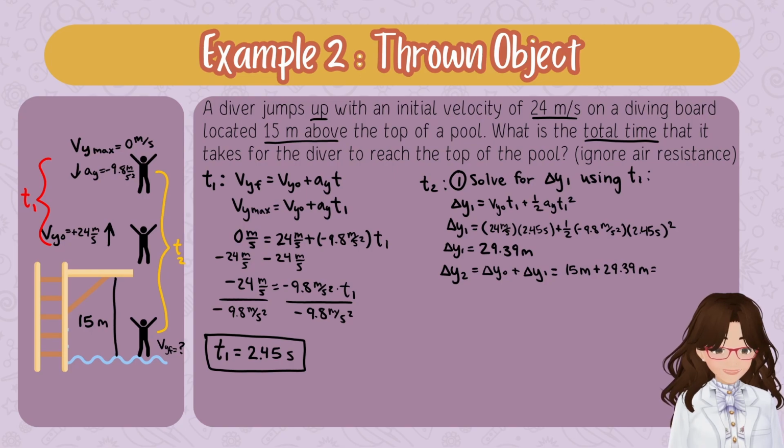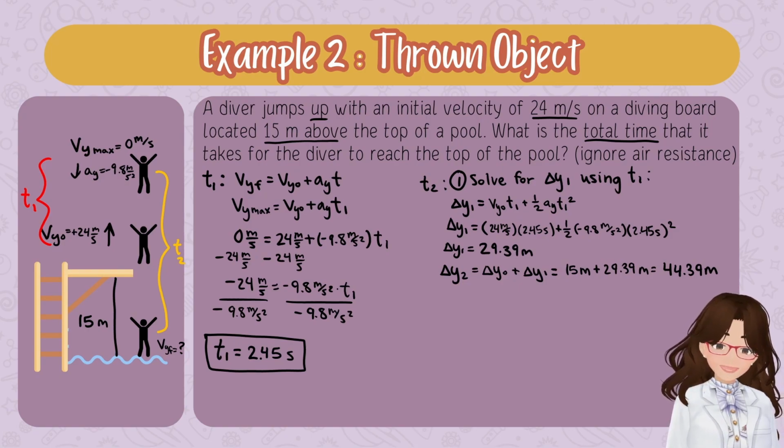And that will give us our total displacement on their way back down. So in this case here, we're going to go ahead and add them together. We're going to be left with 44.39 meters. So that's the maximum height that the diver is going to fall.